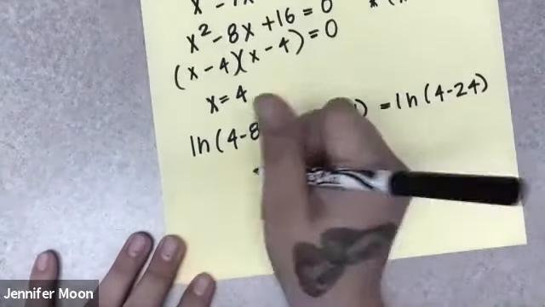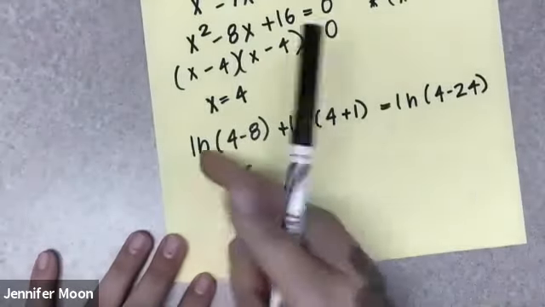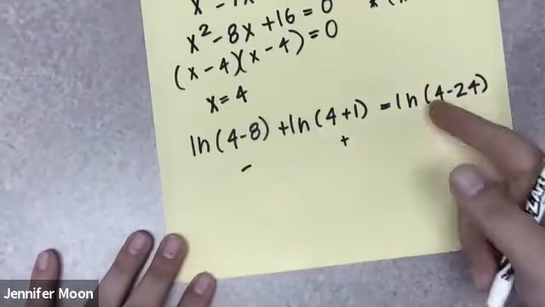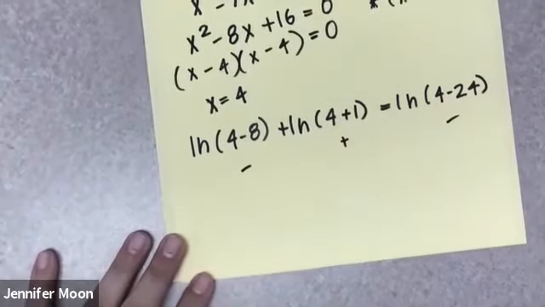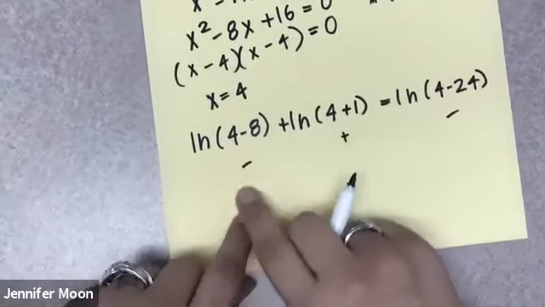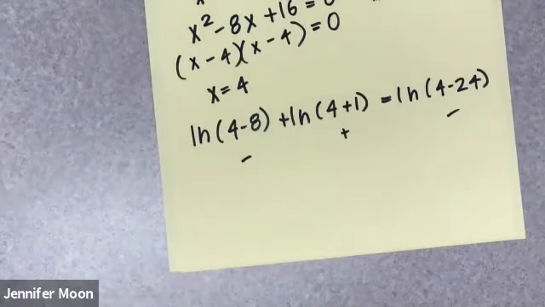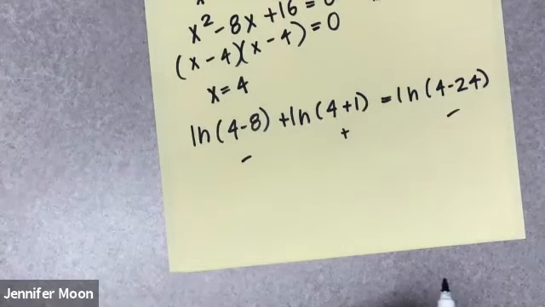We would subtract, keep the sign of the larger. I get natural log of a negative number, right? This one, that would be natural log of a positive number. Regardless, the one time plugging my value in, if it gives me a negative number and I'm trying to take the natural log of a negative number, that will automatically mean that that value is rejected, right?